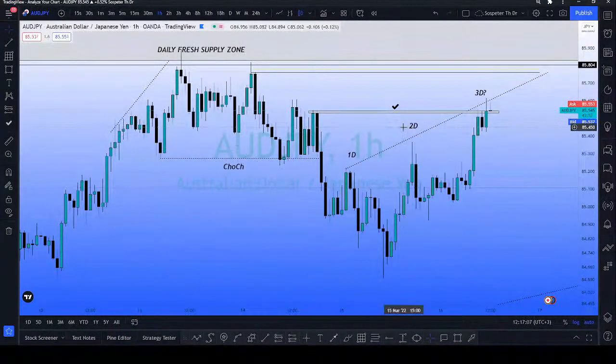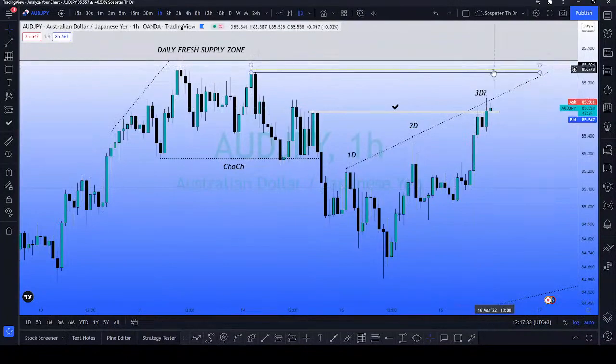Then we have this zone. This was a zone which could be a sell zone, but as we can see, the price is kind of compressing on that zone. So automatically that zone will become a fake out zone. So I was looking for these premiums.